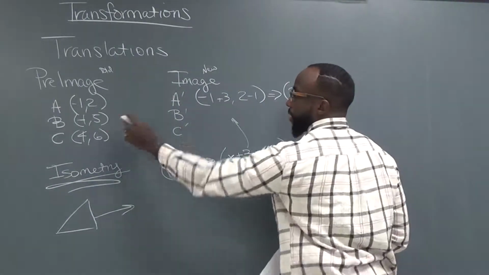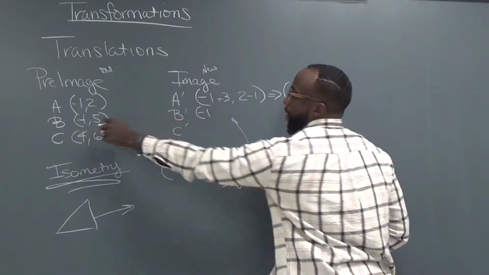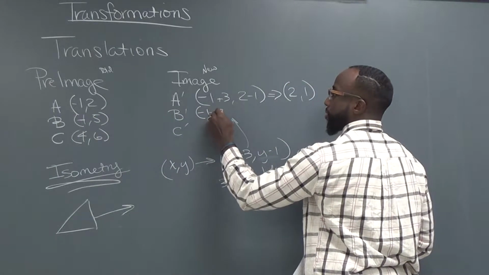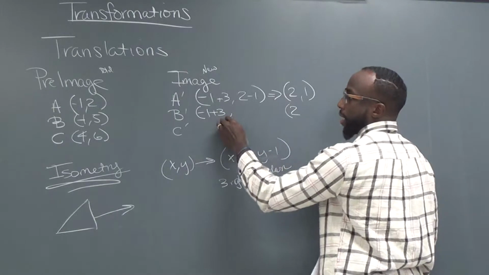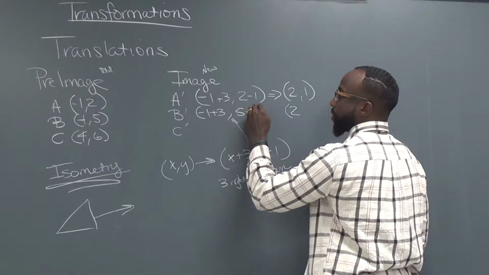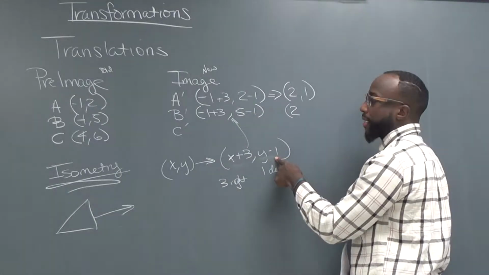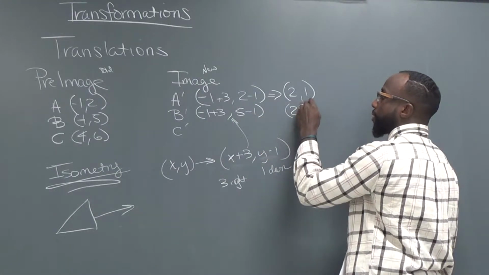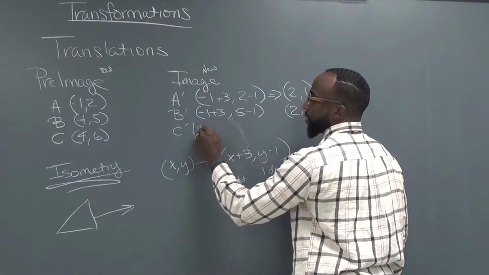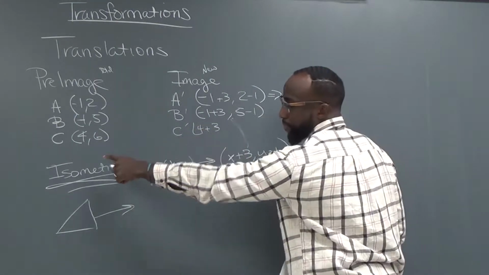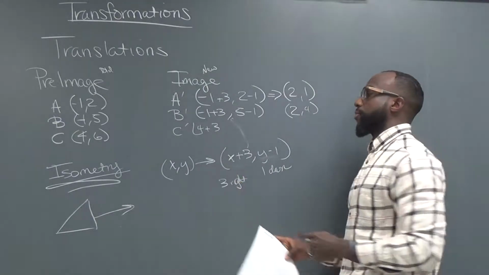Do the same thing for all the other points. So again, this x is at negative 1 plus 3, right? Negative 1 plus 3 is 2. And then you have 5 minus 1. It went down one space, so it'll be 4. And then for C, it's positive 4 plus 3. So it went from 4, and it moves 3 places to the right.